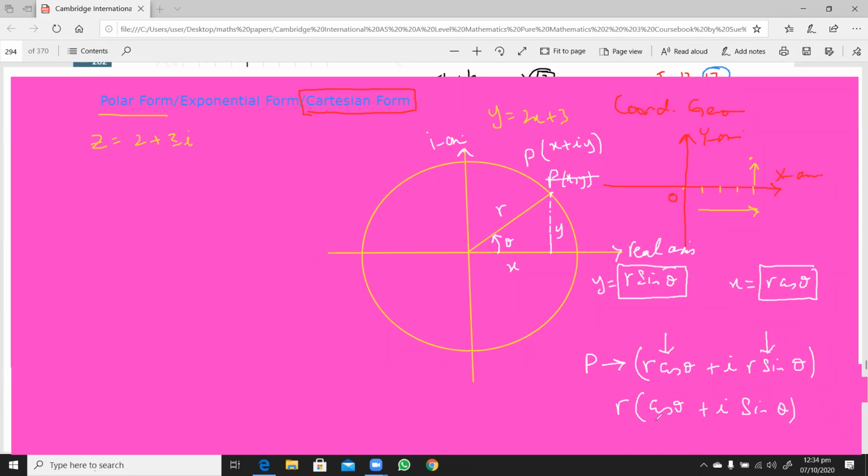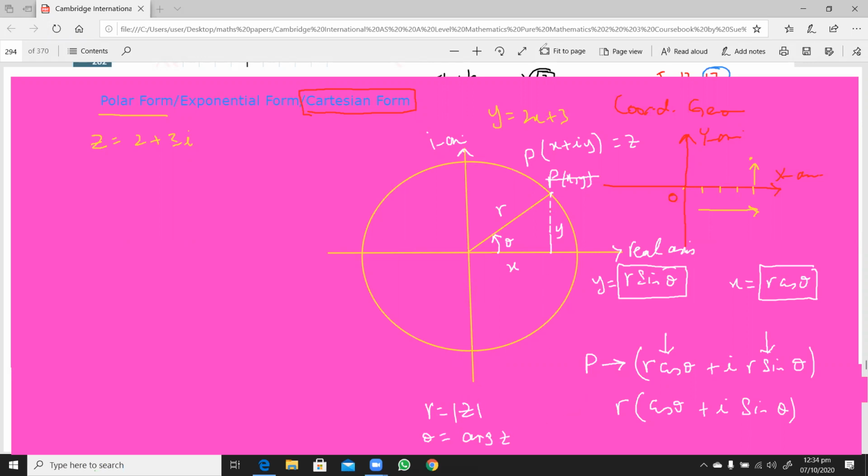Now this is the polar form of any given complex number. Suppose this was a complex number z, then r is going to be the modulus of z and theta is going to be the argument of z.